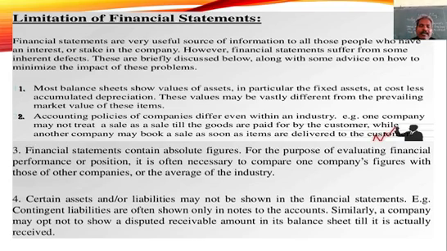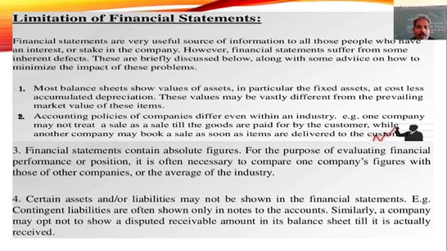Then the fourth one: certain assets and or liabilities may not be shown in the financial statements. For example, contingent liabilities are often shown only in the notes to accounts. They should not be included in the balance sheet of the company; they will be mentioned only in the notes to accounts.